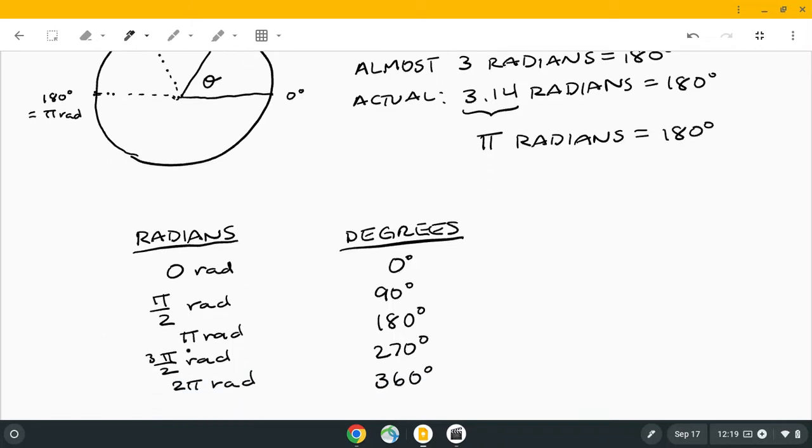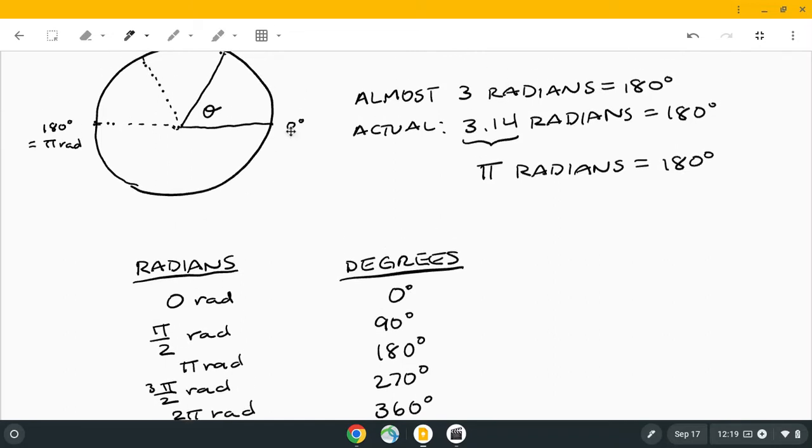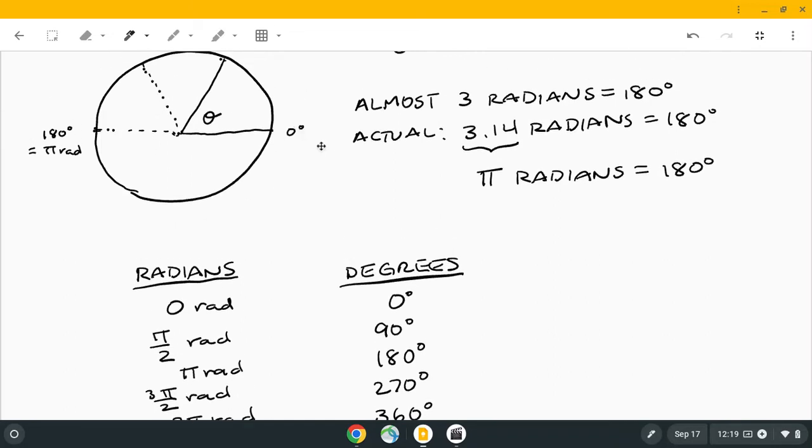So that's how we came up with these. 0 degrees is 0 radians. 90 degrees is half of pi radians. We already know that 180 is 1 pi radian. Not 1 radian, 1 pi radian, or 3.14 radians.